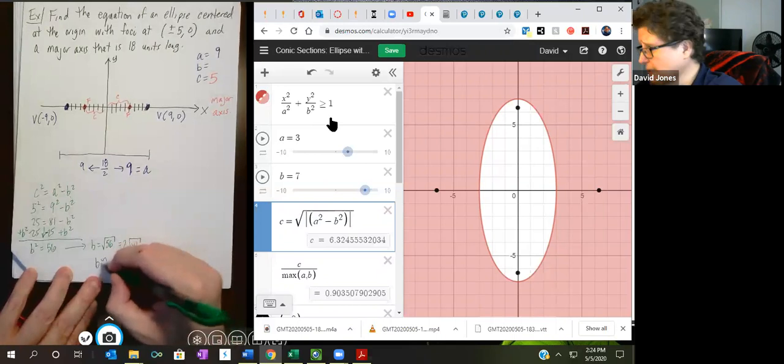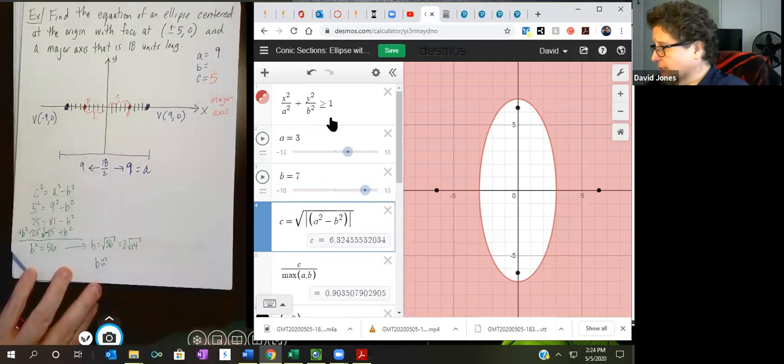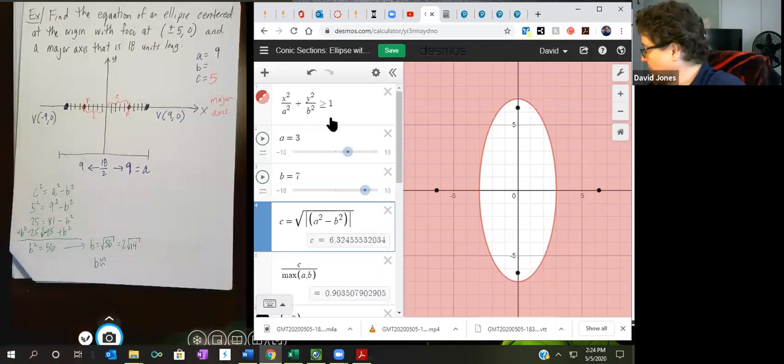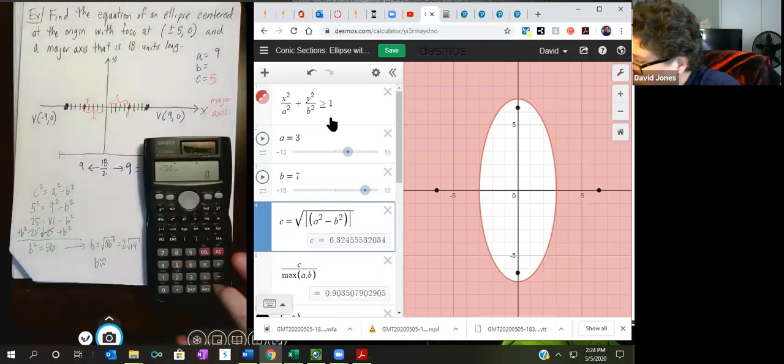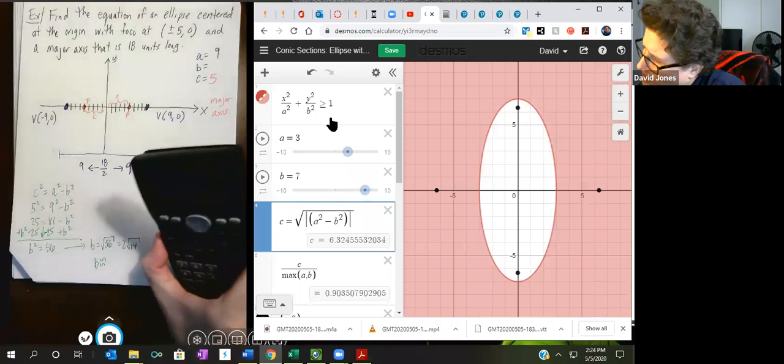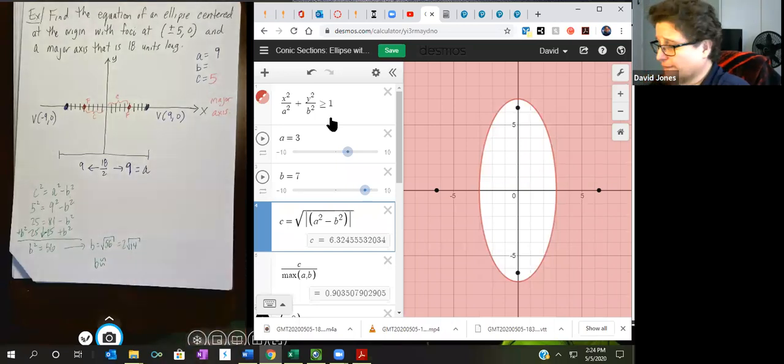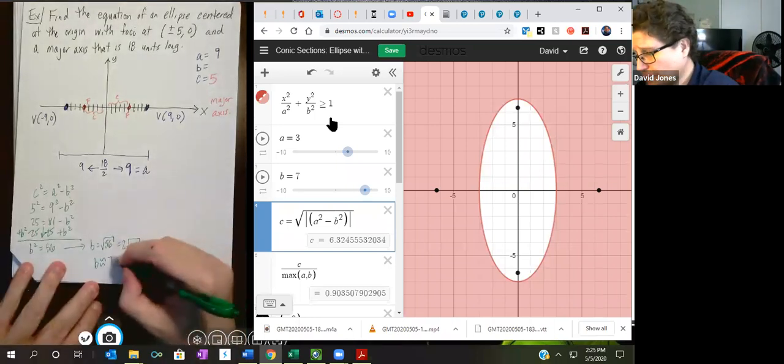B is approximately, what is it? What's the square root of 56? 7.5-ish, 7.48.